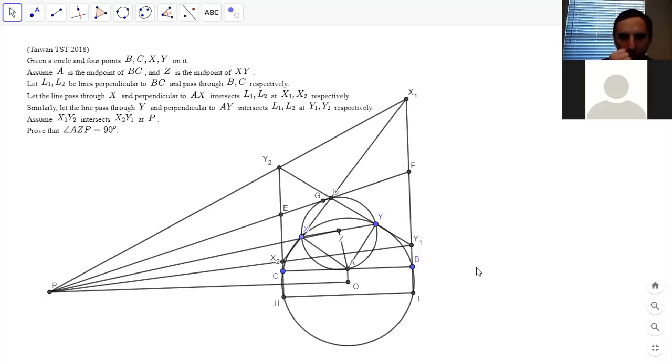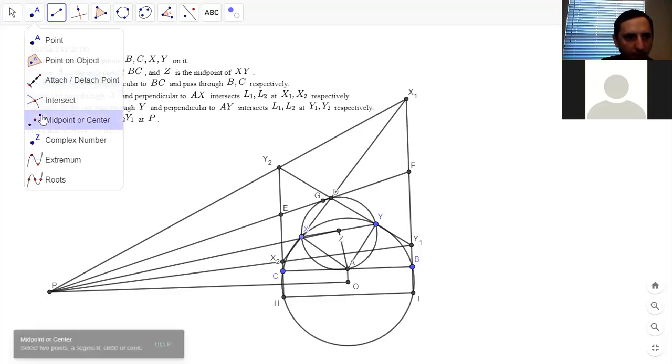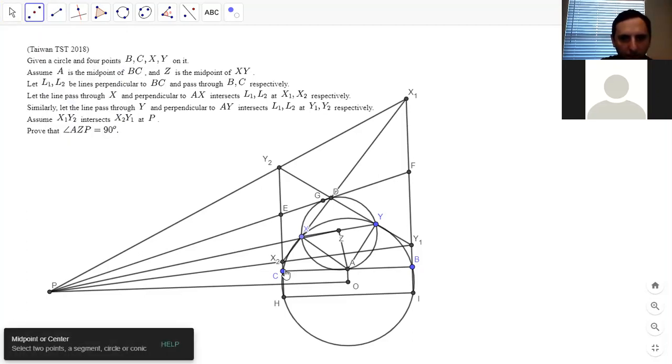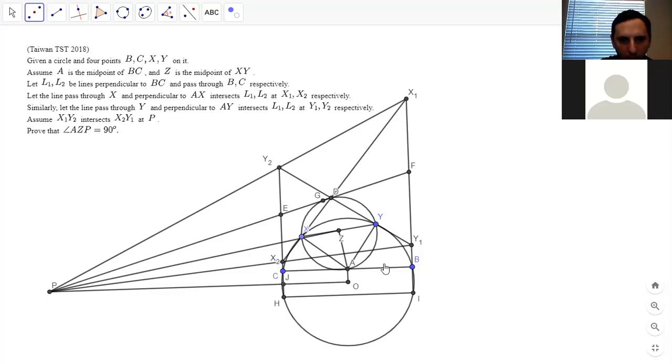If we label the midpoints of CH and BI, we could call them J and K, for example. We want to show JX2 over JY2 equals KY1 over KX1, right? And then I think that would prove what we want there.